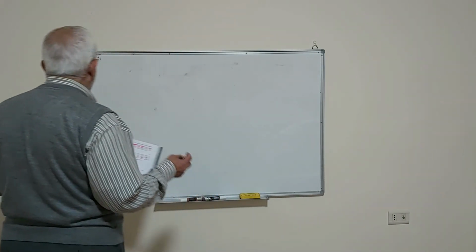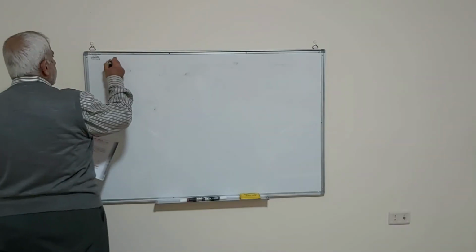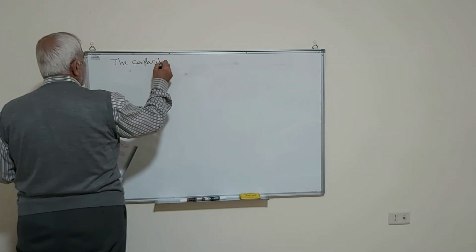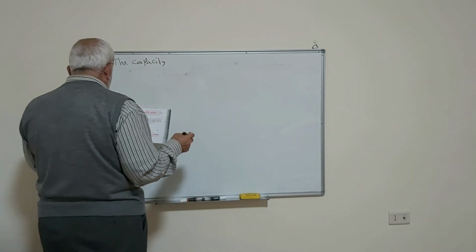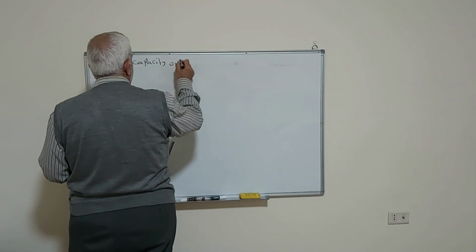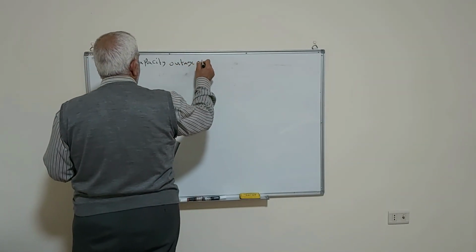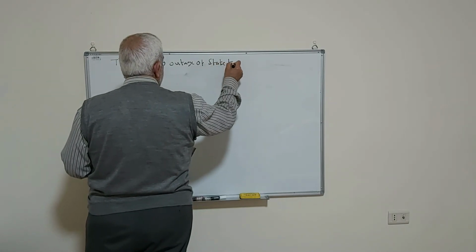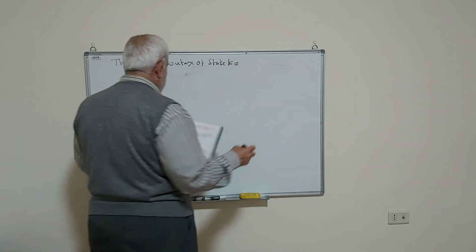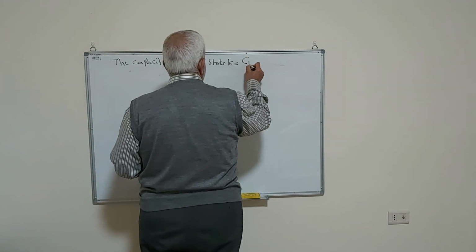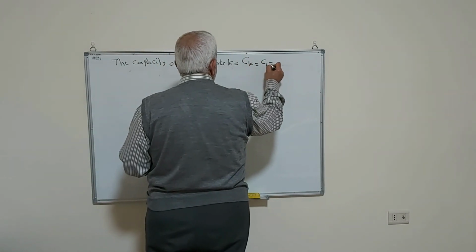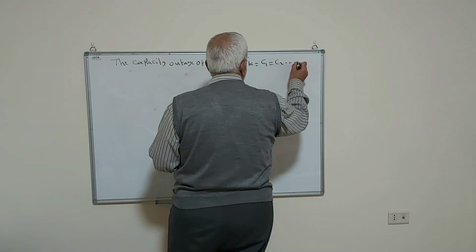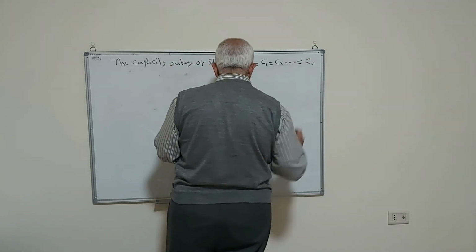We say the capacity outage of state K equals CK, C1, C2, until Ci.